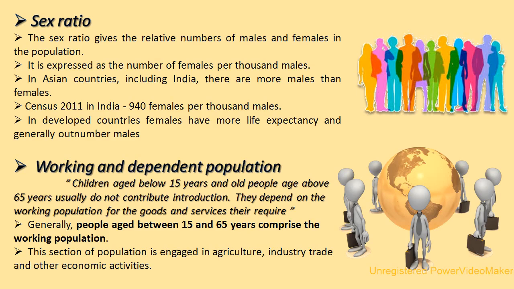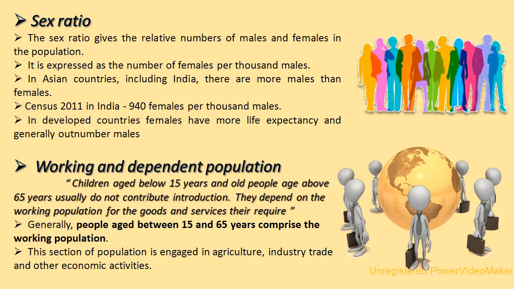So in Asian countries including India, there are more males than females. That means the number of females per thousand males is less. In a country there are 1,000 males, but the number of females is only 800, 700.